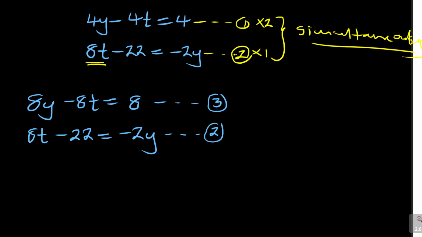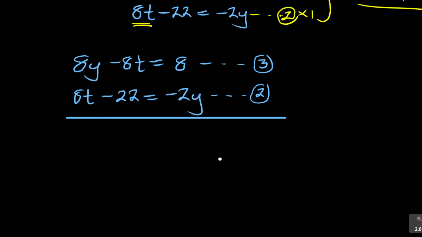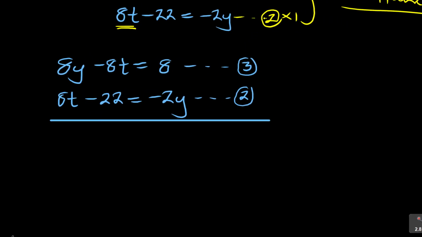From here, I see that I've got negative here and positive there, so I just add. You add these two equations, equation 3 plus equation 2.